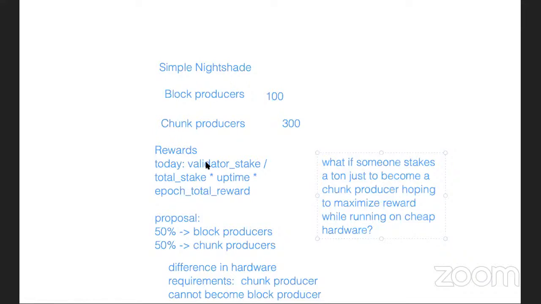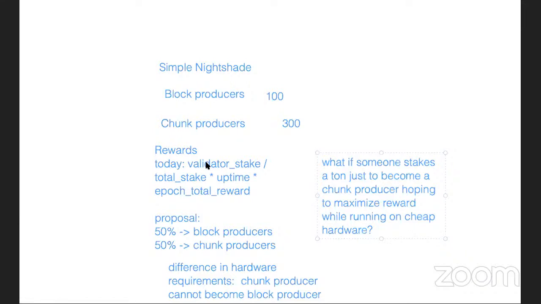If you cannot keep up with the network, presumably in this epoch your uptime is less than the threshold, and if your uptime is less than the threshold, you don't get any reward. You'll just be kicked out without getting any reward. Oh, I see. The reward is at the end of the epoch. Okay, that makes sense. So that works.